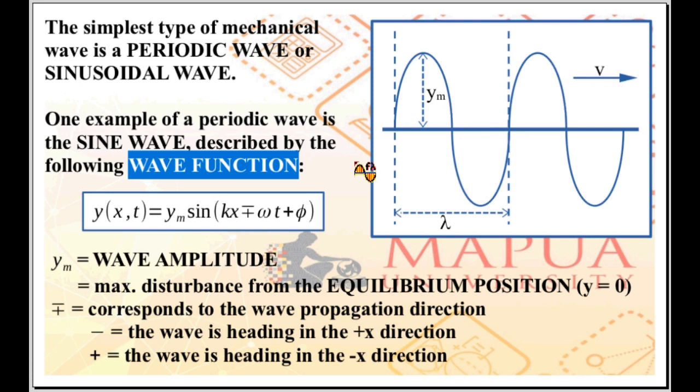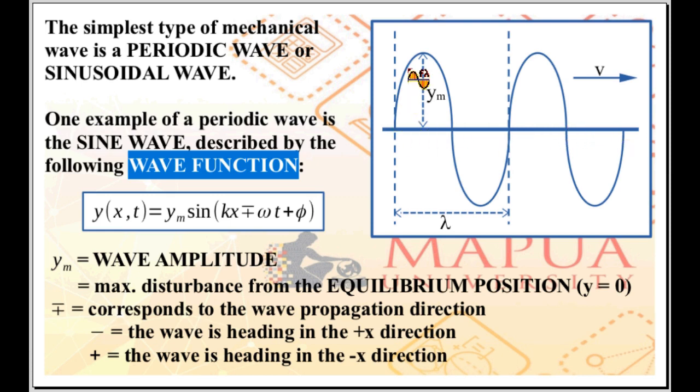In addition to that, the wave function describes the effect of the wave on the medium as it travels along the medium. For example, let's say our medium is a line of particles lying on the x-axis.